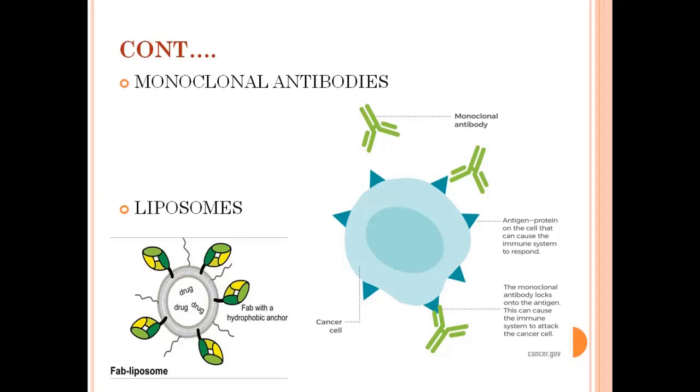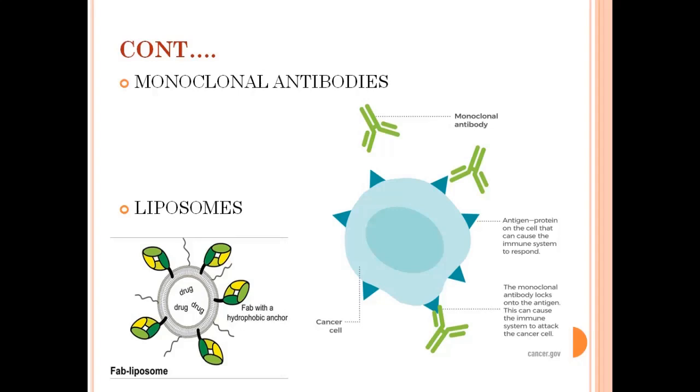The next method is liposomes. Liposomes are phospholipids suspended in aqueous vehicles to form minute vesicles. Drugs encapsulated in liposomes are taken up mainly by the reticuloendothelial cells of the liver and are also concentrated in malignant tumors. So this is similar to the monoclonal antibody types where there is a hydrophobic anchor.